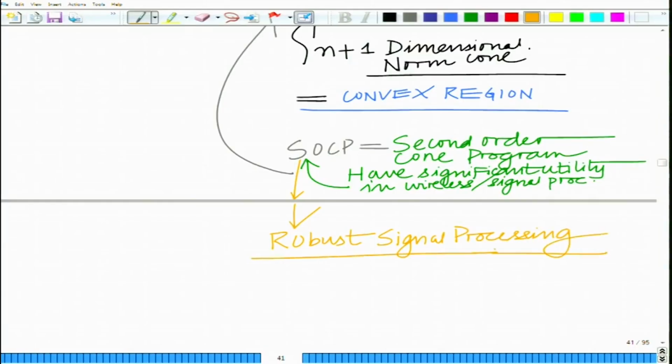One of the most prominent applications of this SOCP paradigm is in robust signal processing.